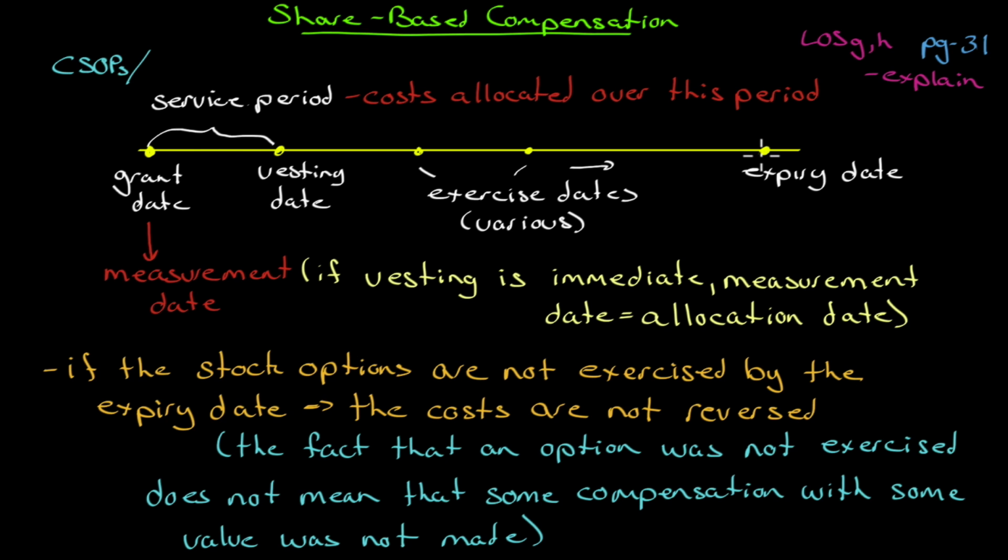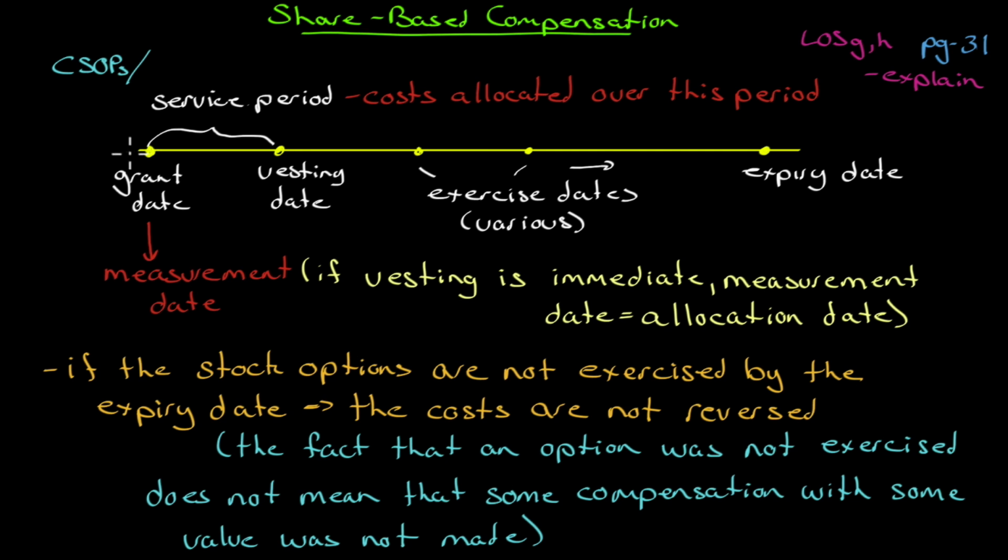They're 10-year options, sometimes 5, but typically 10-year options. They're very long-dated options. If vesting is immediate, the measurement date is also the allocation date. So if there was no vesting and the grant date fair value of the options granted was $300,000, it would be recognized right in that period.